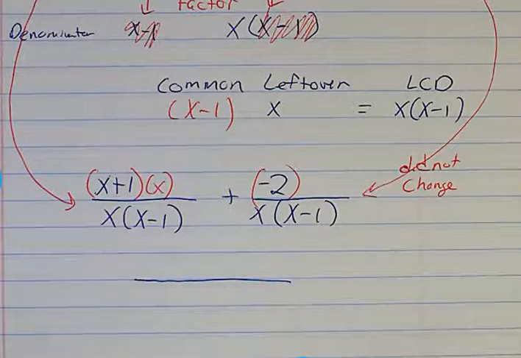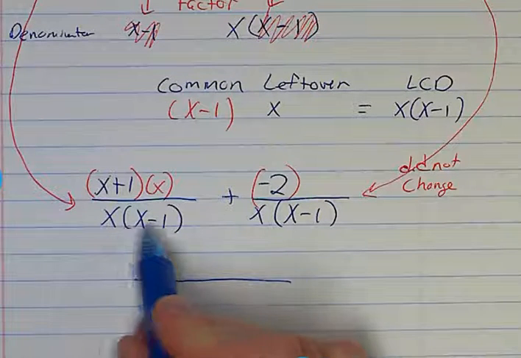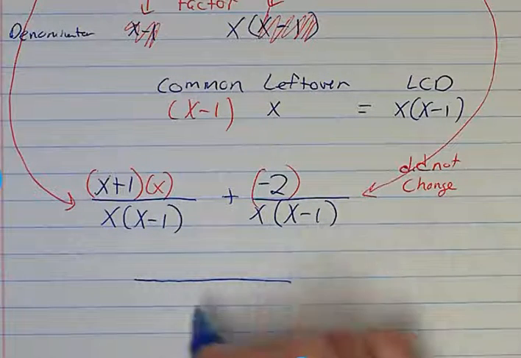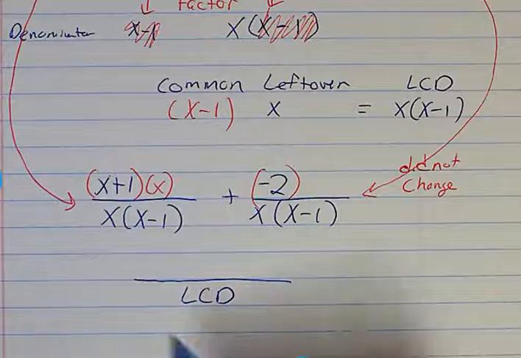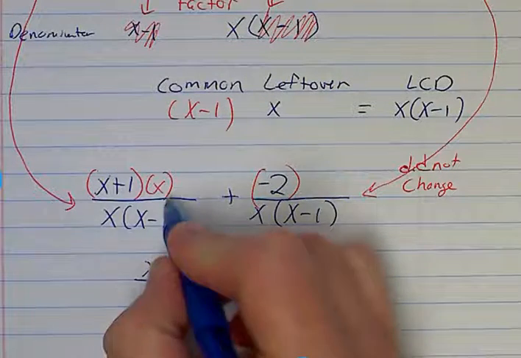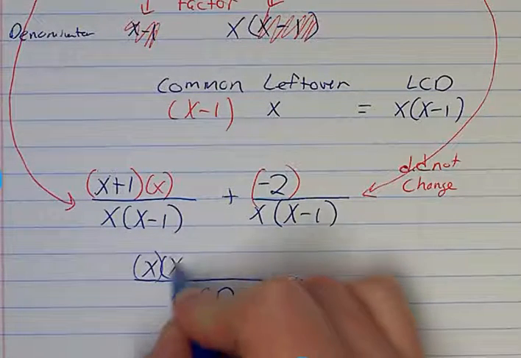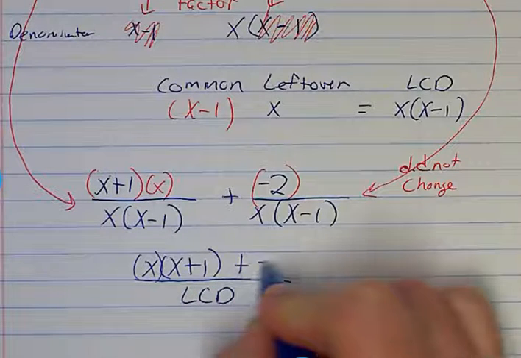So here's where we're going to combine those two together. Now here's what I would say to save a little bit of time. Instead of writing out x times x minus 1, since we're done with the least common denominator, I would just put LCD there. Because you're done with the denominator. Everything now is in the numerator, so now you're going to do x times, and we're going to put the x in front. X times x plus 1 plus a negative 2.